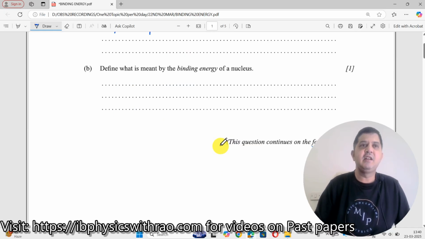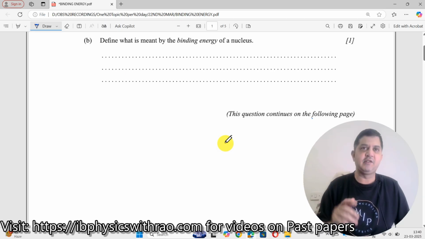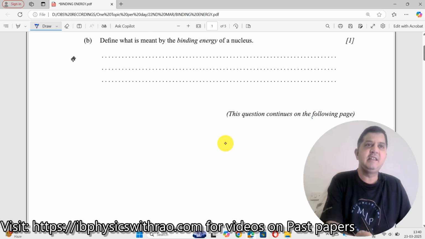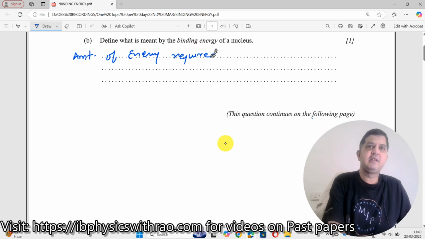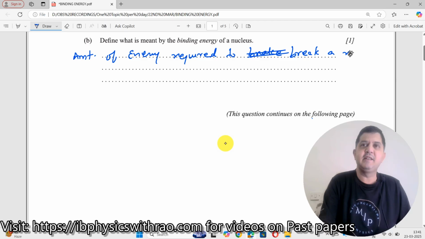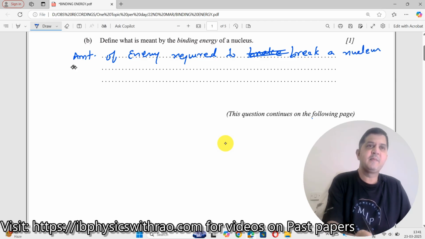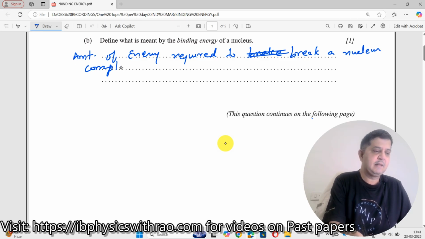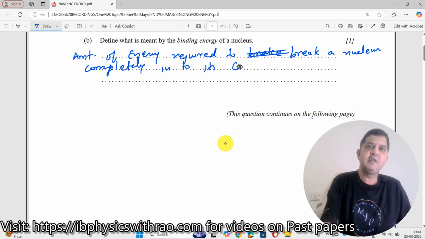Second question: define what is meant by the binding energy of a nucleus. It is the amount of energy required to break a nucleus completely into its constituents.